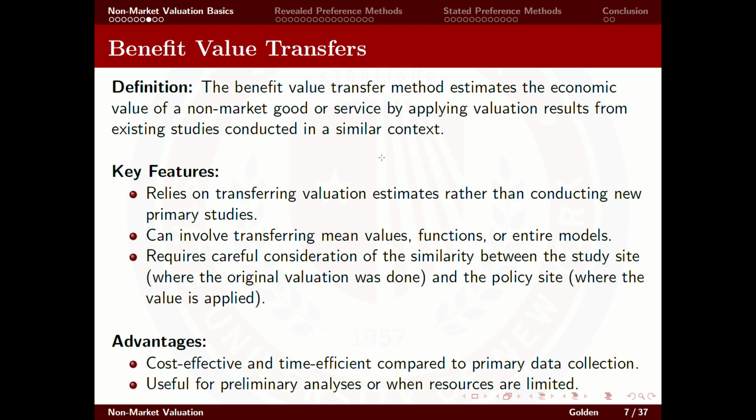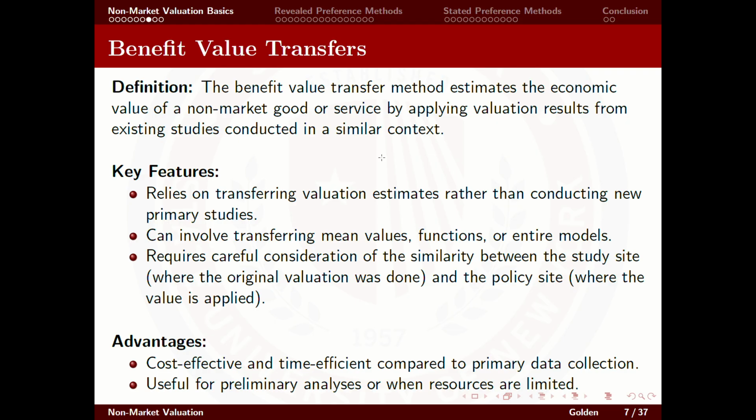So the idea of the benefit transfer method is you have a good that you're trading in a market, and then you say that this is comparable to a good trading outside of the market, and you see we pay this much for this good in the market. This good outside the market is roughly similar. Maybe you make an adjustment, and you say that's how much the good outside of the market is.